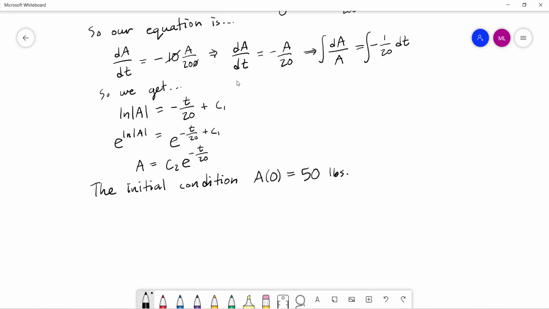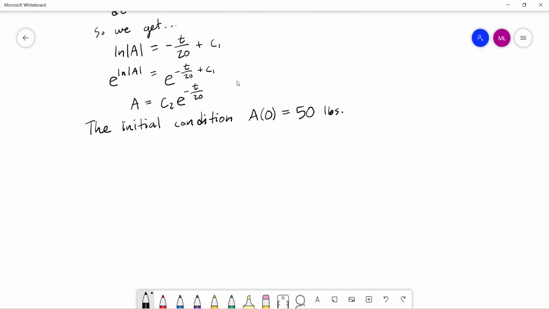And so we can plug that in. If A of 0 equals 50, what that tells me when I plug it into the equation is that I'm going to get 50 when I plug in t equals 0. So C2 e to the negative 0 over 20. This exponent just becomes 0. e to the 0 is just 1. So what is C2? It is the initial amount of salt in the tank anyways.